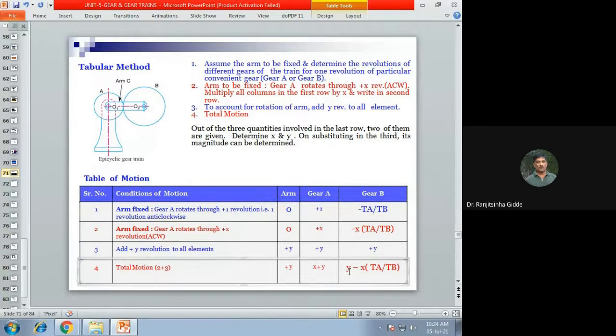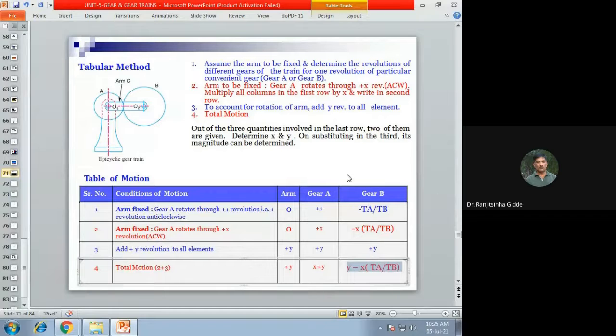Total motion of gear B: this is row number 2, and the value for gear B is minus x TA upon TB. And what is the value in the third row for gear B? That is plus y. So for the addition of these two, we write the positive as the first term and this negative value as the second term. So y minus x TA upon TB. That is the total motion of this gear B.